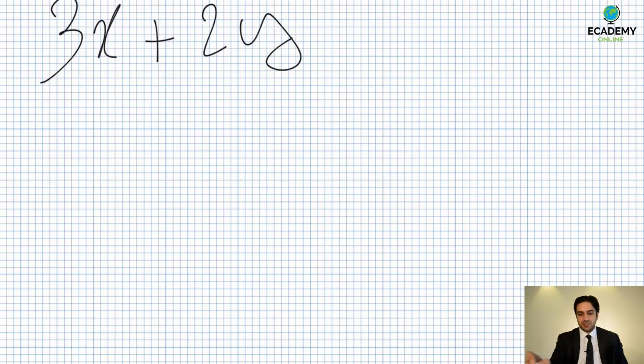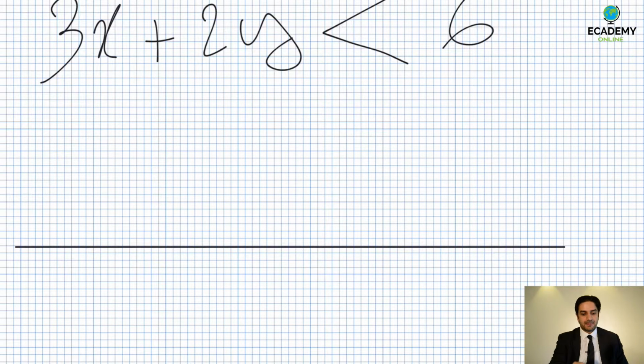If it was 3x plus 2y, I'm just going to use the same equation to simplify my work, is less than 6. The same exact line, but this time it will not be solid. It will be a dotted line.